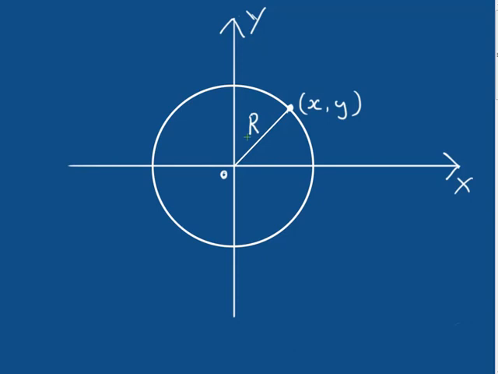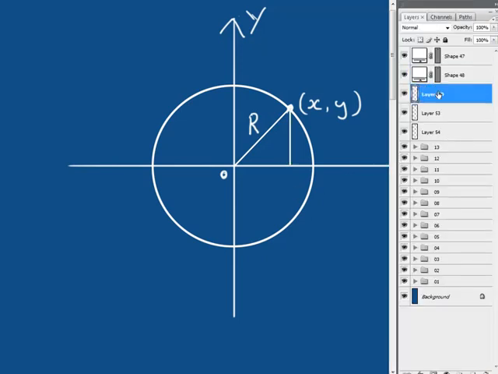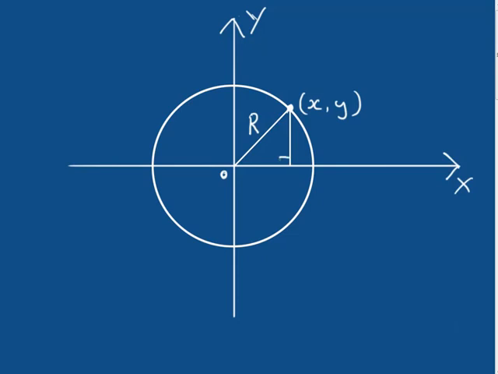To construct that triangle, we're going to need a line that runs parallel to x, in this case actually our x-axis, and then a line that runs parallel to y. Because they're parallel to x and y, these two lines are perpendicular, and because one line is only travelling in x and one line is only travelling in y, we can use the x and y coordinates to work out how long those lines are.